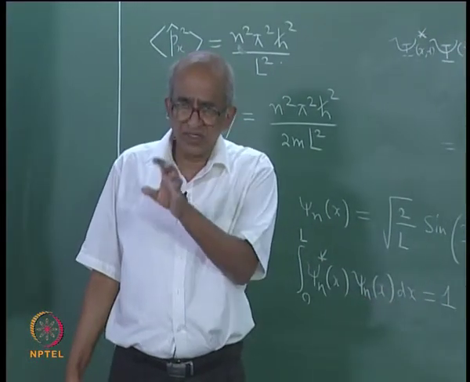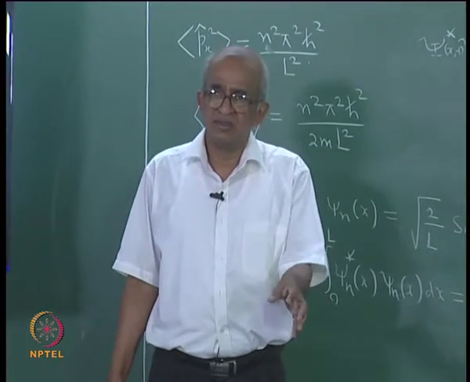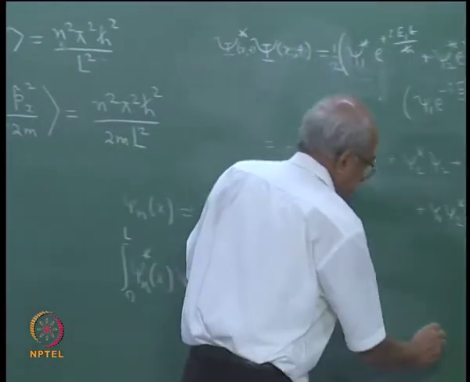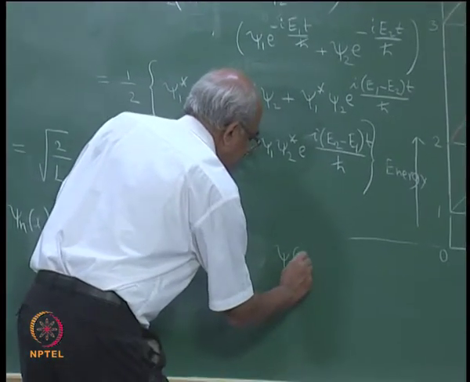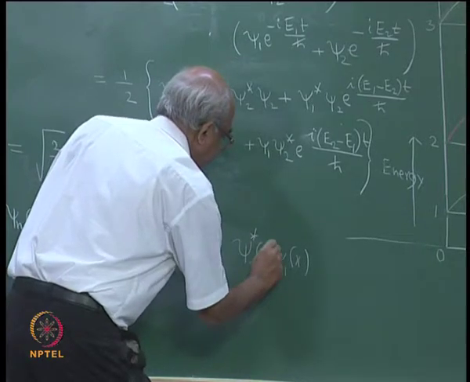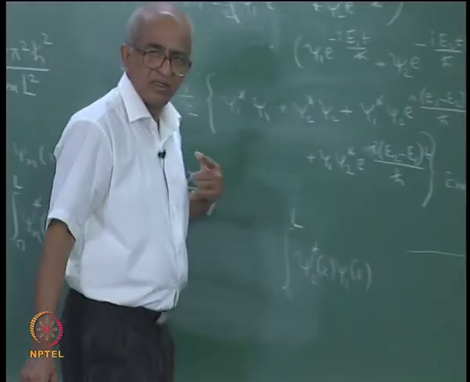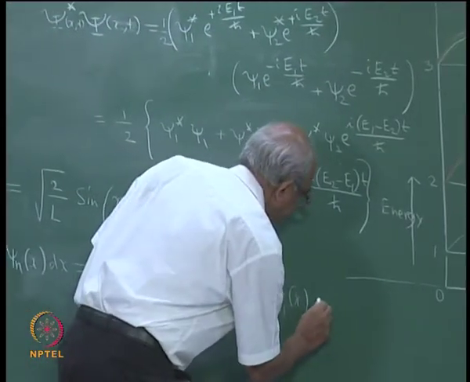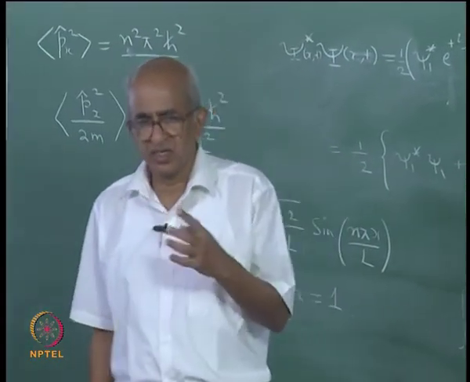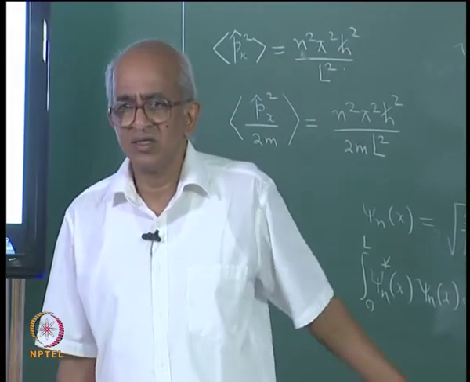Then if you took the first function, multiplied it by the complex conjugate of the second, and integrated over the entire space, that means I take psi 1 of x multiplied by the complex conjugate of psi 2 of x and integrate from 0 to L after multiplying by dx. This is a simple integral, not difficult to evaluate. If you evaluate the integral, you can easily show that this is 0.